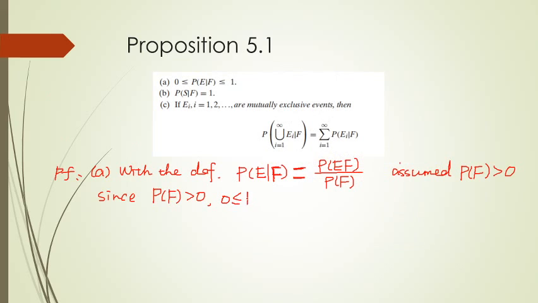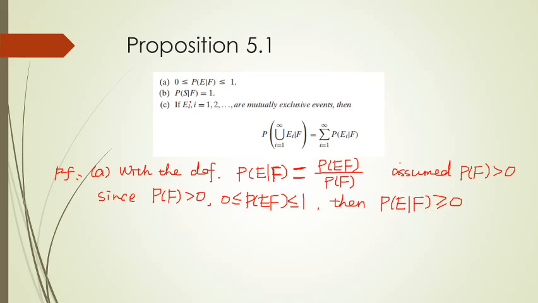The top can be 0. The top is a number between 0 and 1. The bottom is a positive number. So this is positive, or equal to 0 when the top is 0. There is no problem. This is a non-negative number, the probability.